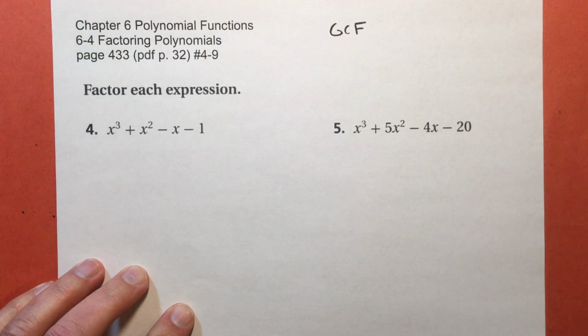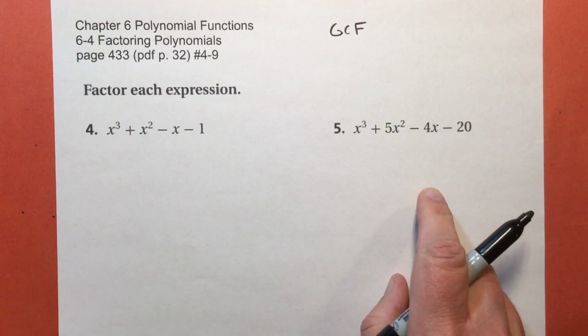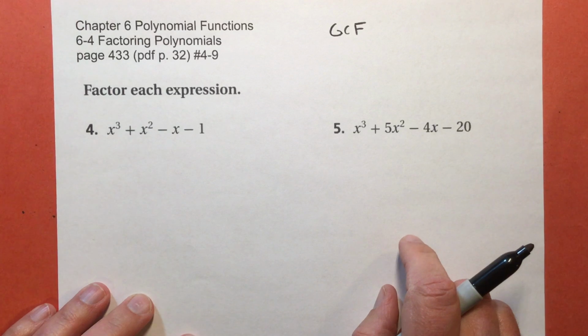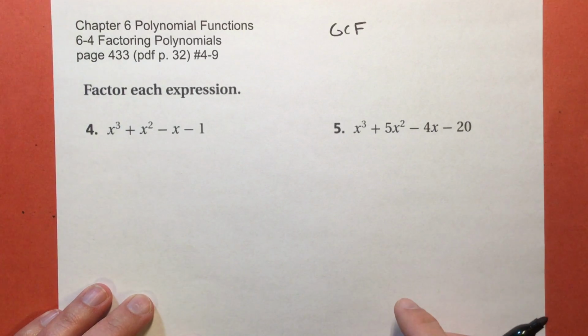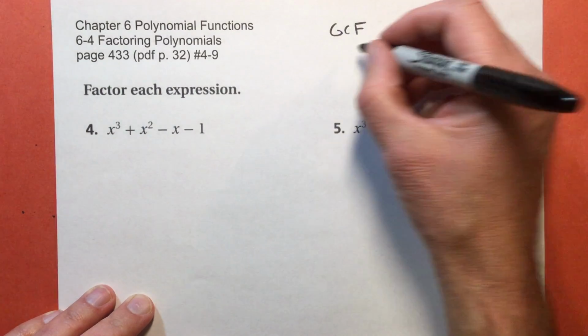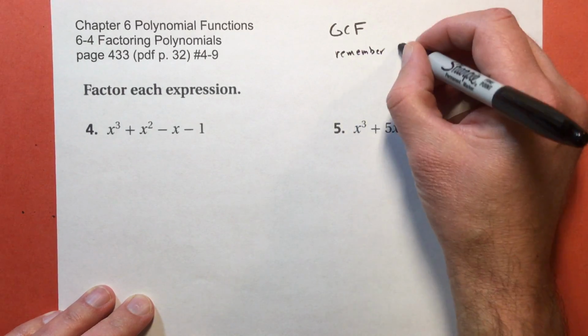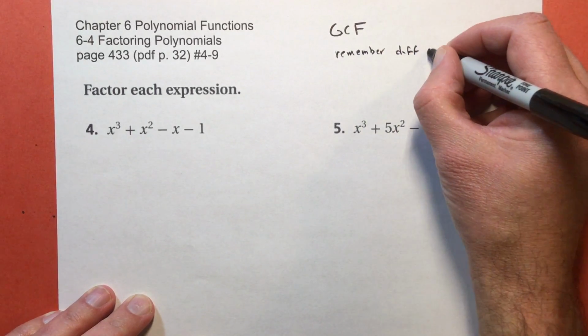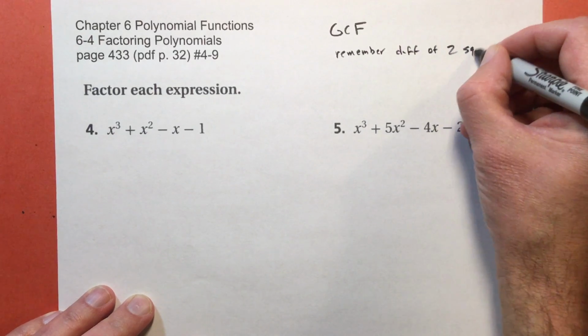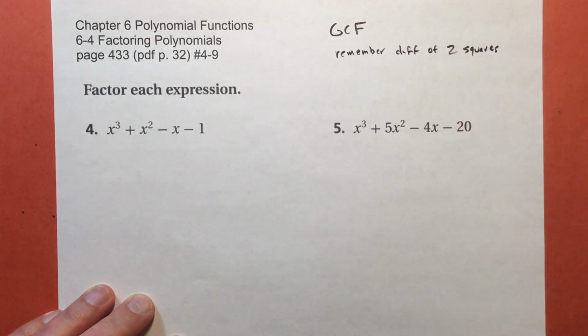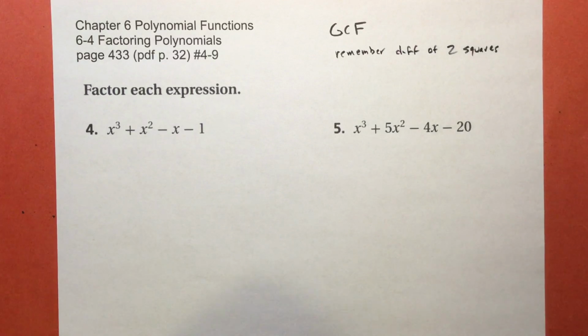And also, some of these, especially if they have subtractions in them, some might have difference of two squares in them. So try to remember the difference of two squares, because I know that Dr. Berger likes to throw that in with these problems.